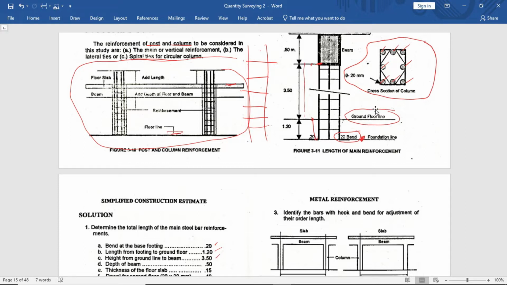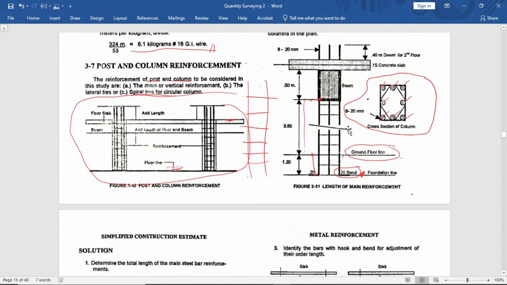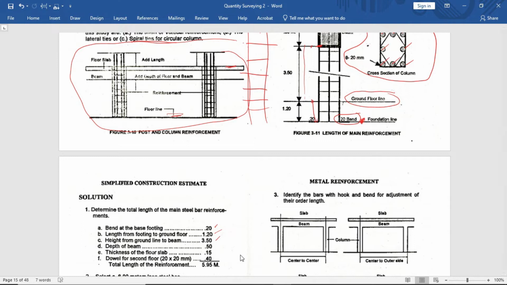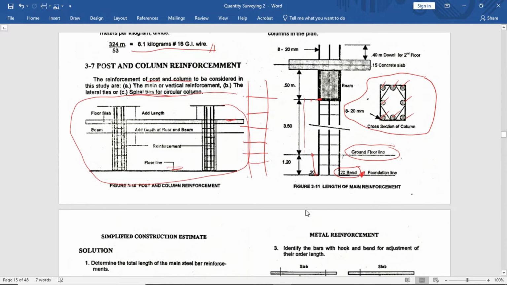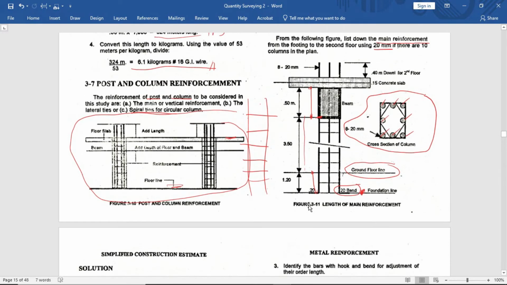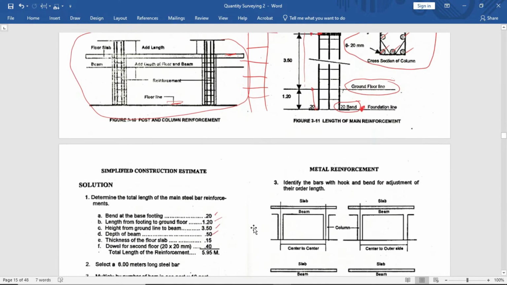Tapos, since hanggang second floor yung column, hanapin natin yung depth of the beam. Nakalagay dito na depth of the beam is 0.5 meters, from the bottom of the beam hanggang sa top of the beam. Plus natin yan. Tapos, plus thickness of the slab, nakalagay dito 0.15 meters concrete slab. Plus natin ulit yan.